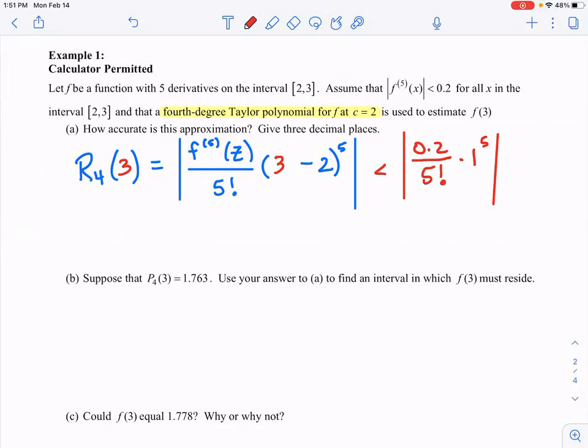What's 5 factorial? 120. No, 720. Wait, what's 720 divided by 7? 120. So we have 2/10 divided by 120.